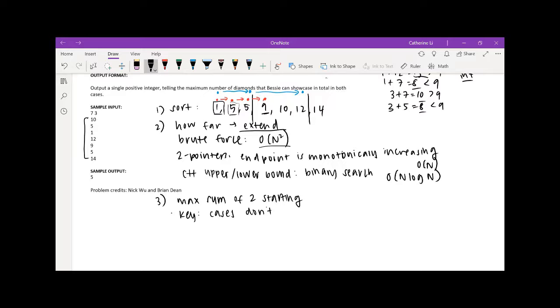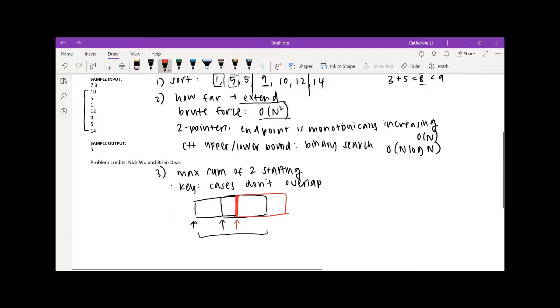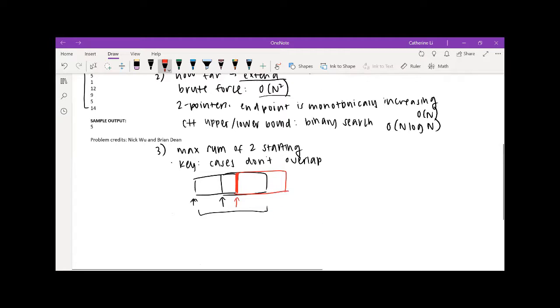Because if we have one case that starts here, and then another case that overlaps with it and starts here, the total size is only this much. But if we start here instead, we're already going to have something bigger. So this is probably pretty intuitive, but it's pretty important.